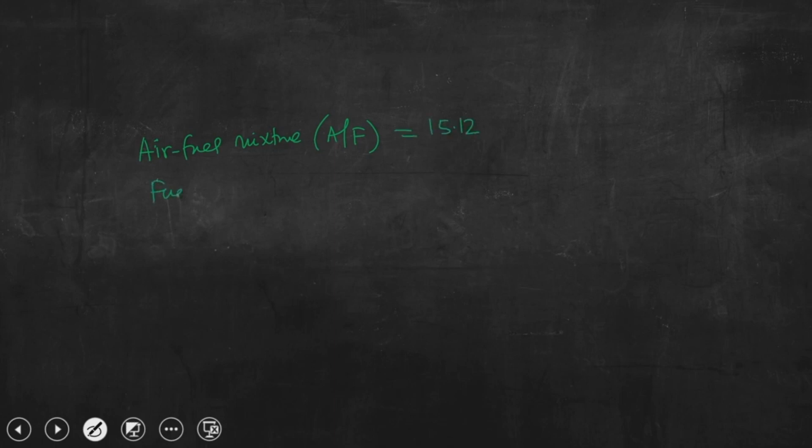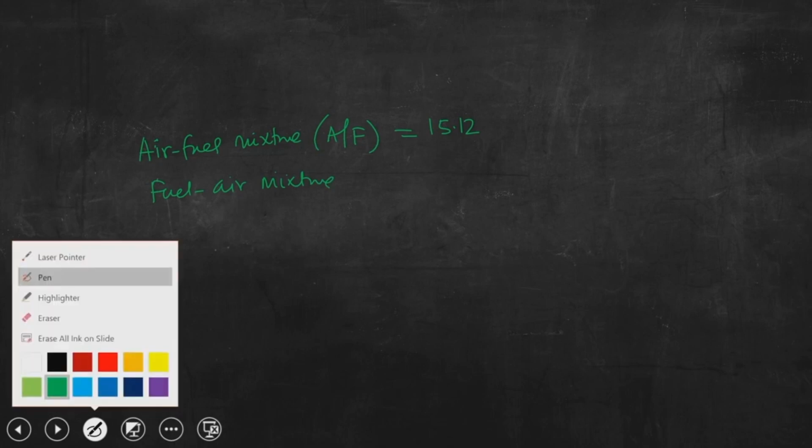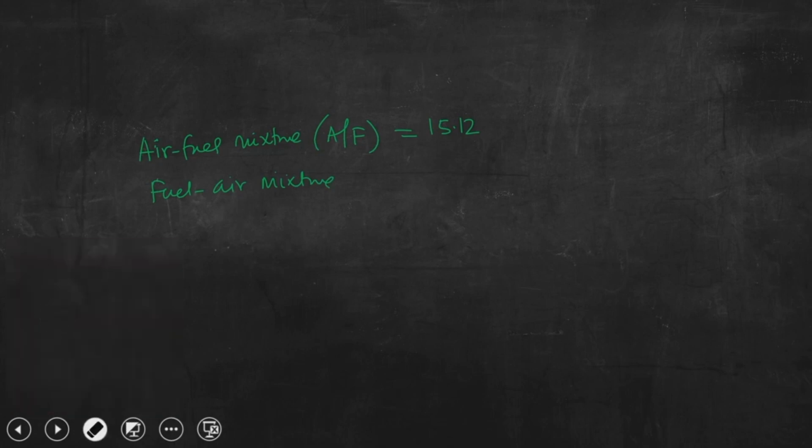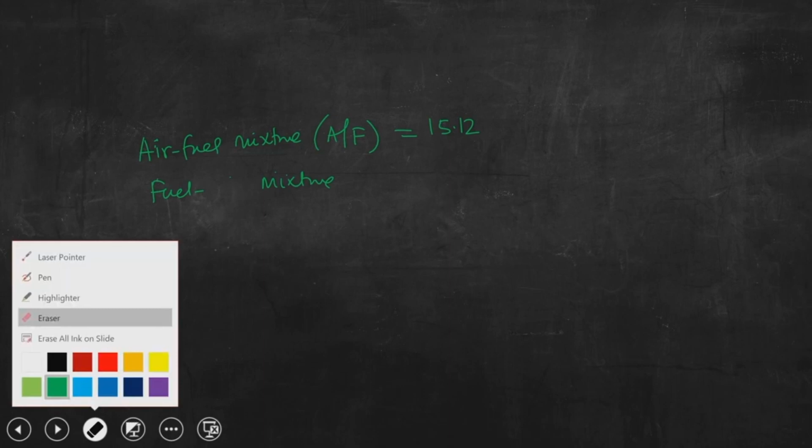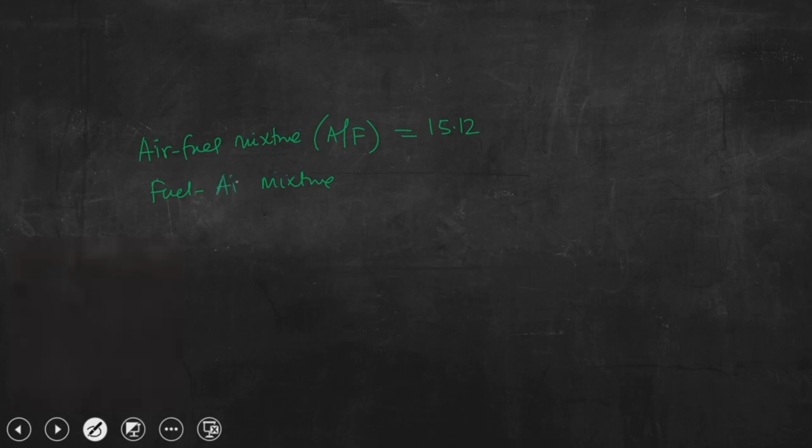So, the fuel air ratio, that is F upon A, will be 1 upon 15.12, right.